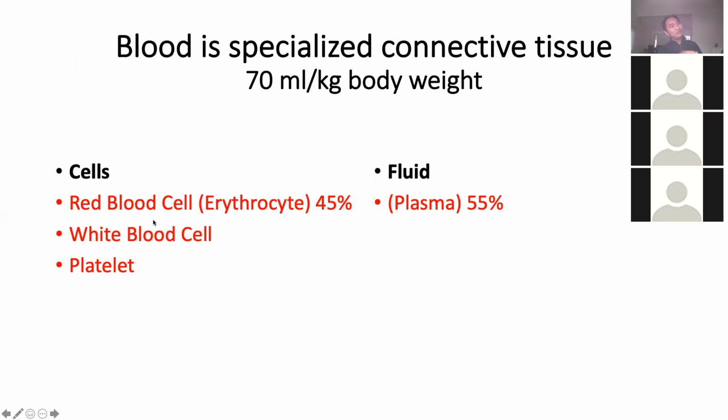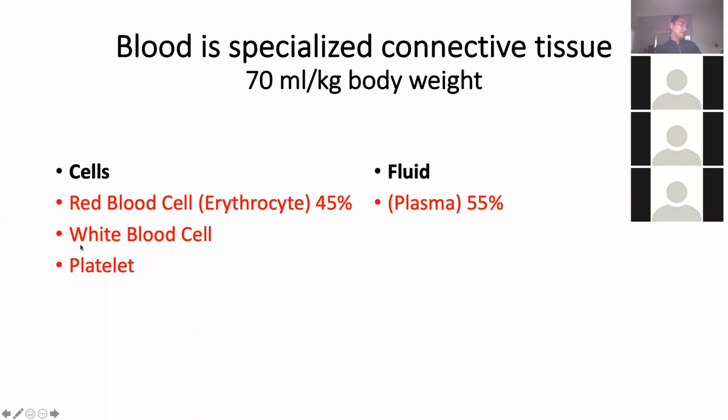So let's go back to the previous slide. What is blood? Blood is a specialized connective tissue, not a random connective tissue. It is specialized connective tissue. And because you say connective tissue, it needs to have cell and matrix. You know that.